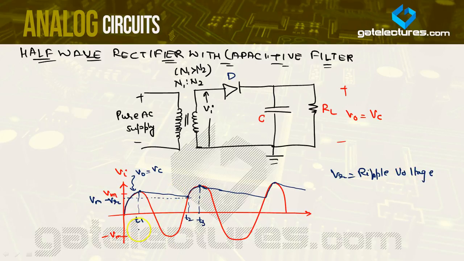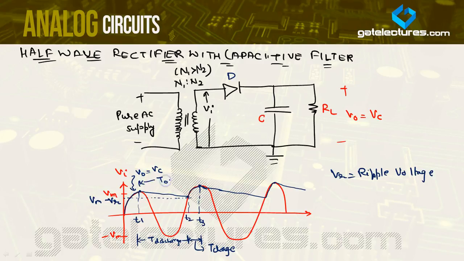Let's say this particular time period is T discharge, and this particular time period is T charge. And what is this particular time period?